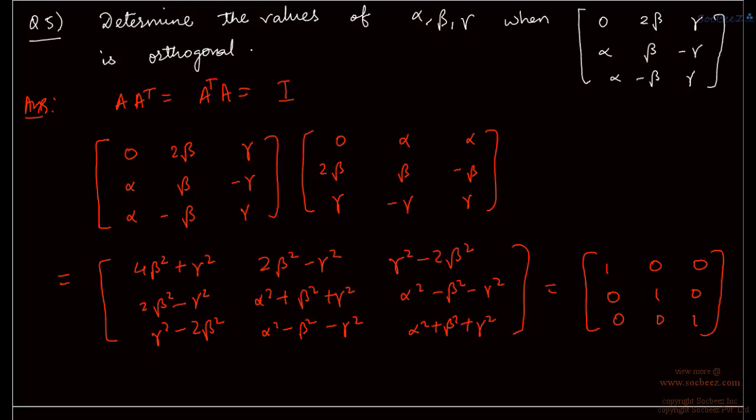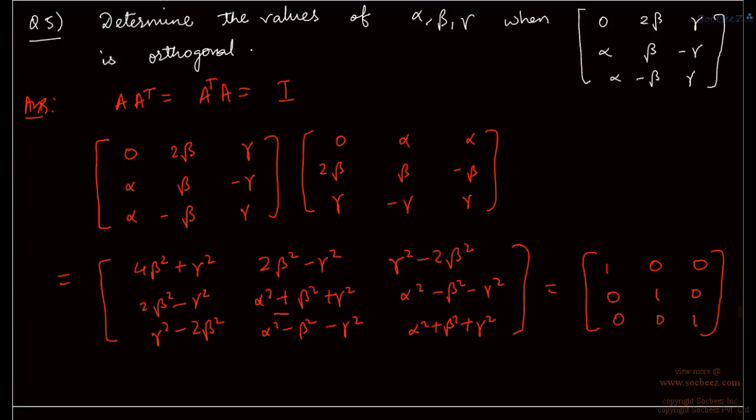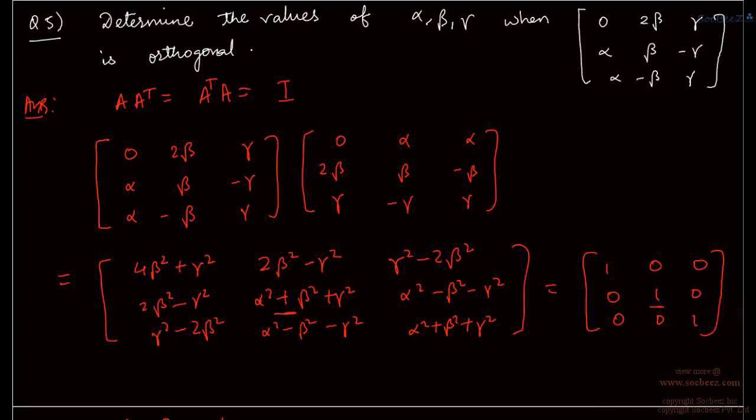So all the corresponding elements are equal. Now equating them, we get a few conditions, and since we have three unknowns, we need at least three equations. The first one is we compare this and this. So I have alpha square plus beta square plus gamma square is equal to 1.